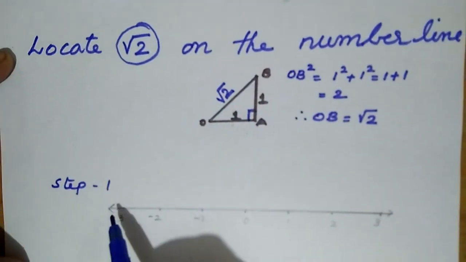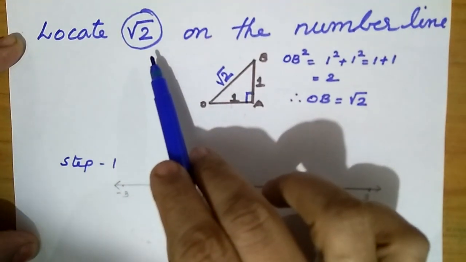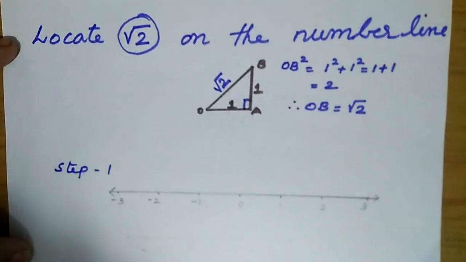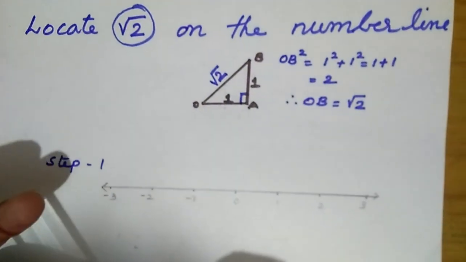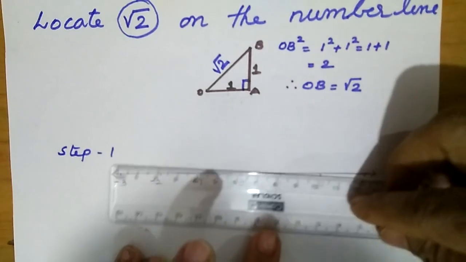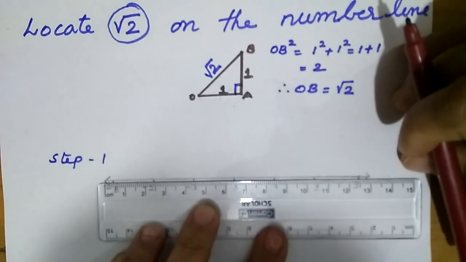Now I'll do step 1. What is the step for locating root 2 on the number line? We have to draw a number line, using a scale and pencil only, with a 1 centimeter gap. So I'm drawing a number line here.